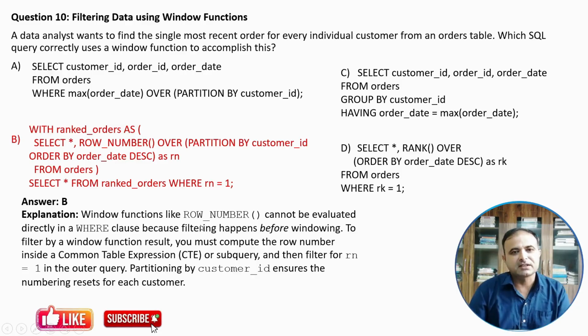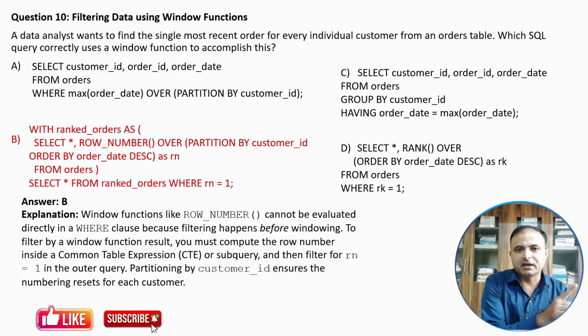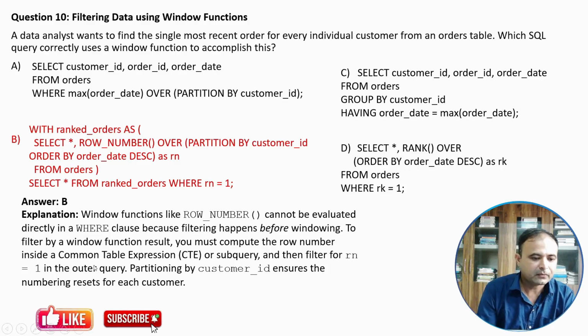That will be the correct answer, D. You should be familiar with ROW_NUMBER. If you are not, take up the topic of DENSE_RANK and ROW_NUMBER. Window function ROW_NUMBER cannot be evaluated directly in a WHERE clause because WHERE happens before windowing.